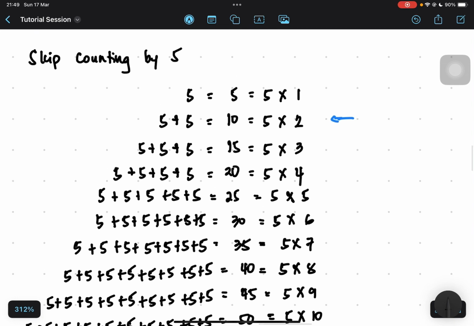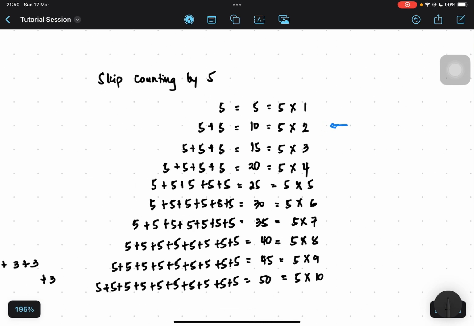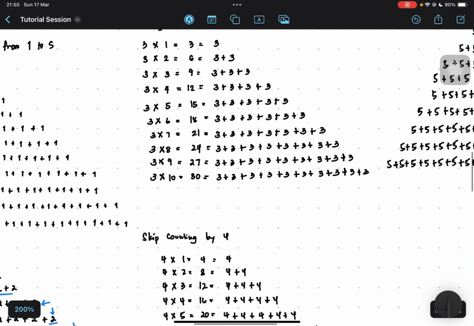So we continue our discussion next time about skip counting by 6 to 10. Then in the next session, we will generalize how this addition method and multiplication method work when we use a variable on it, and the relationship of these skip counting numbers to other numbers.